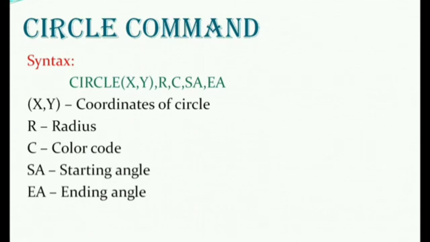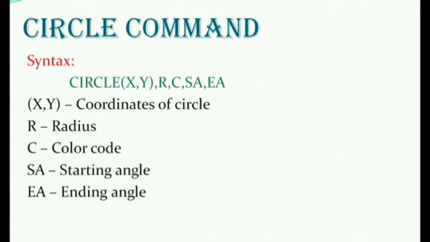Every code should be separated with a comma, where X and Y are the coordinates of the center of the circle, R stands for the radius of the circle, C for the color code. We have studied there are 16 colors supported by QBasic. So according to our wish, we can select the color code for each color. And finally, the SA stands for starting angle and EA stands for ending angle. In this command, the SA and EA are optional. So while drawing a circle, we can omit those two codes.